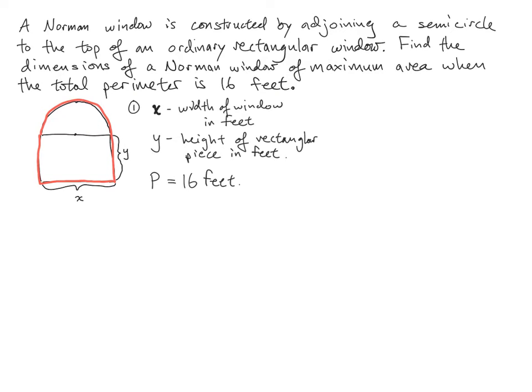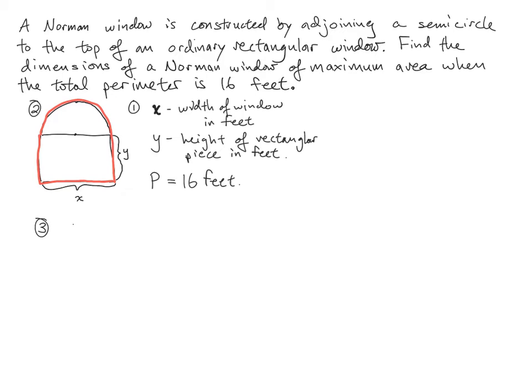Third step, we want to write down our two equations. What we are trying to maximize here, let's see, maximum area. All right. So the maximum area would be the area of this rectangle plus the area of this semicircle.